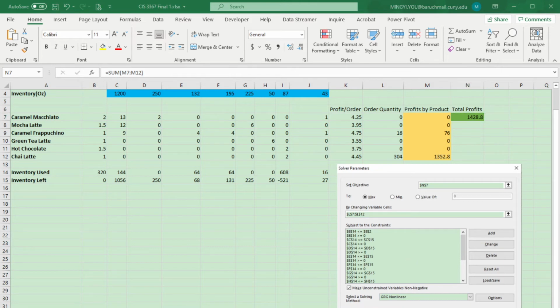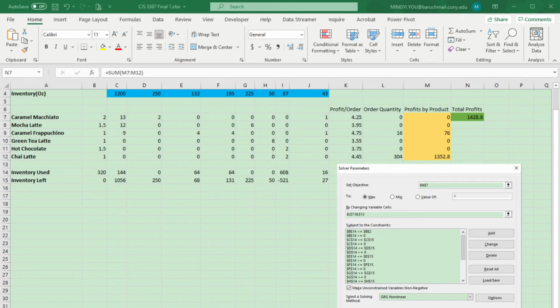In this case, I place constraints to limit the inventory used and order quantities. So the inventory used would not exceed the inventory available, and this should be greater than or equal to 0.